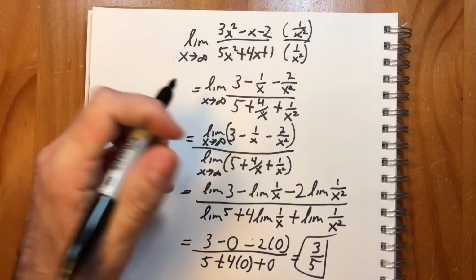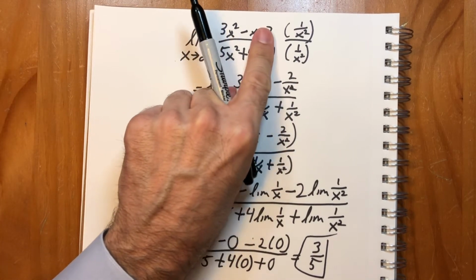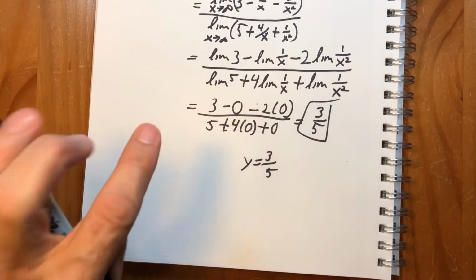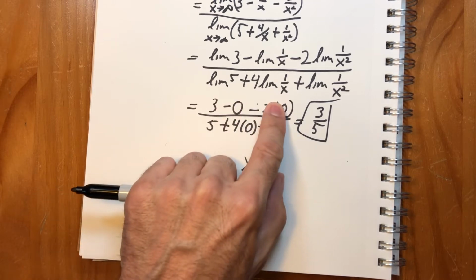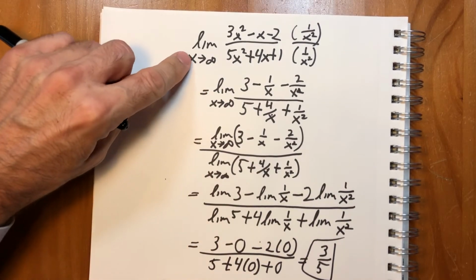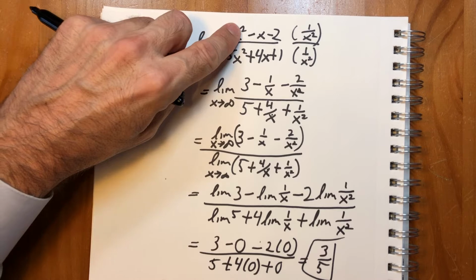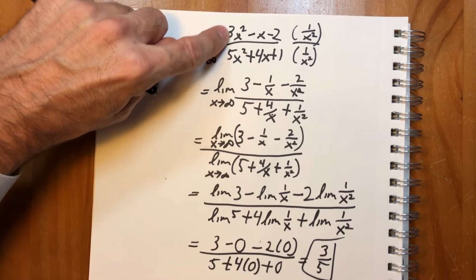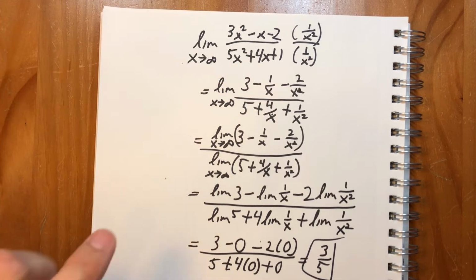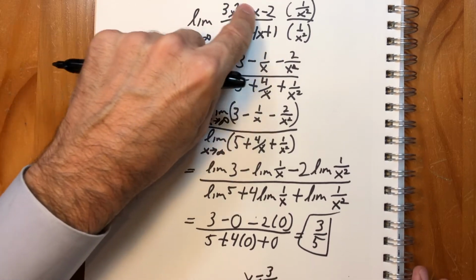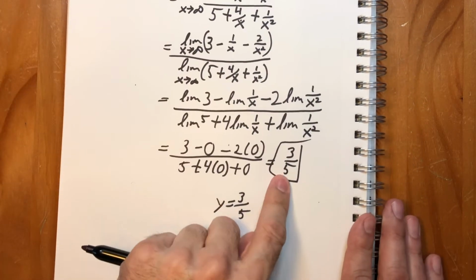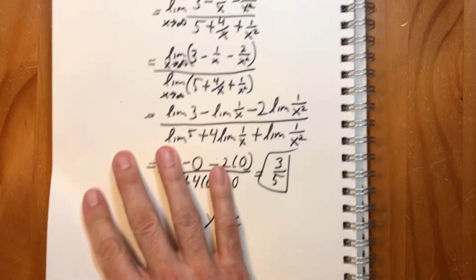Basically, these just all become irrelevant, which is what we ended up with when we divided through, right? 0s. And then these are rising at basically the same rate, even though with a slightly different ratio. So what this function approaches as we go out to infinity is just 3 over 5. Okay, let's do a couple more examples.